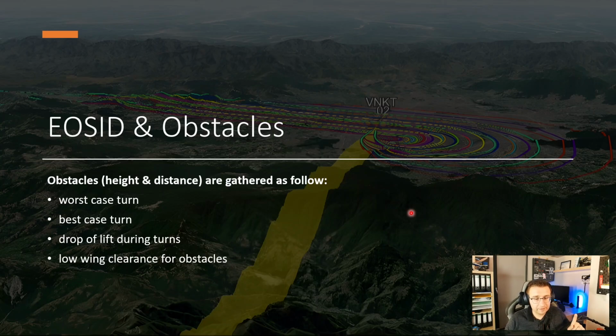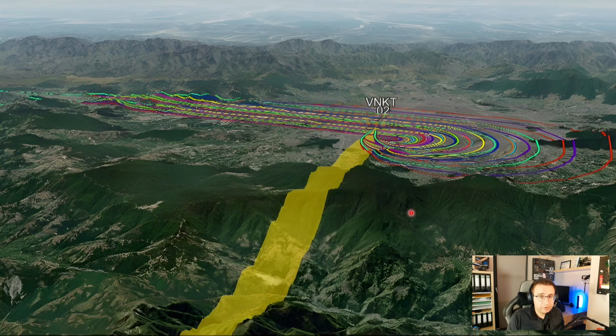Let's dive into a practical example so you can understand. We're going to go here to VNKT, which is the airport at Kathmandu. Runway 02 has been selected, so we are facing southbound right here, that direction is south, behind is north. And as you can see, the running axis is in yellow right here.